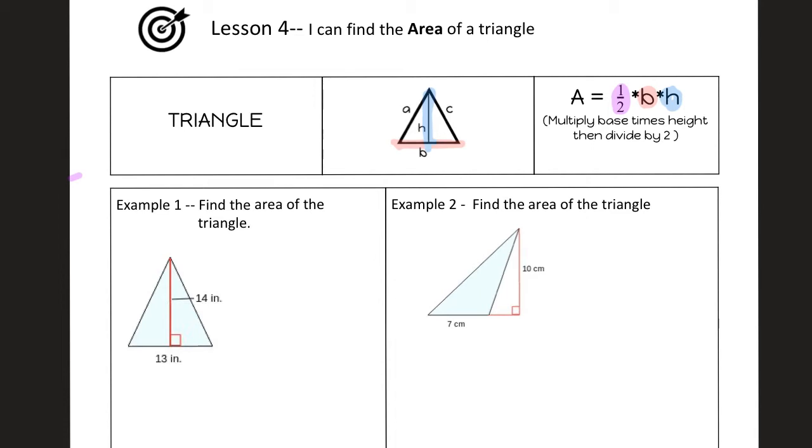Okay? So this first example, let's start by writing our formula. Area equals 1/2 base times height. Then I'm going to fill in what I know. My base is 13.